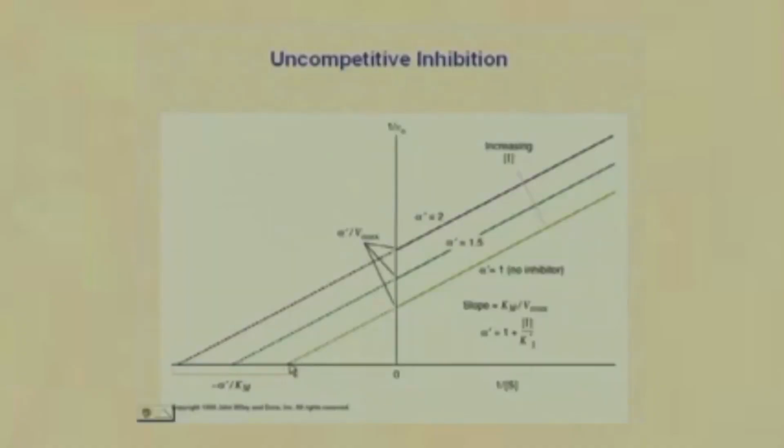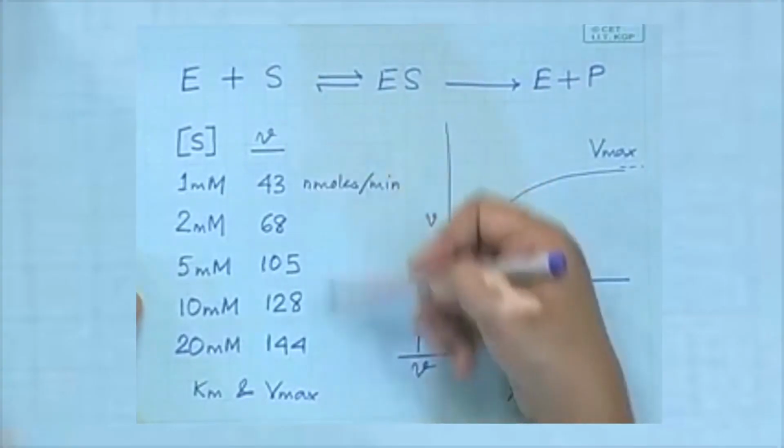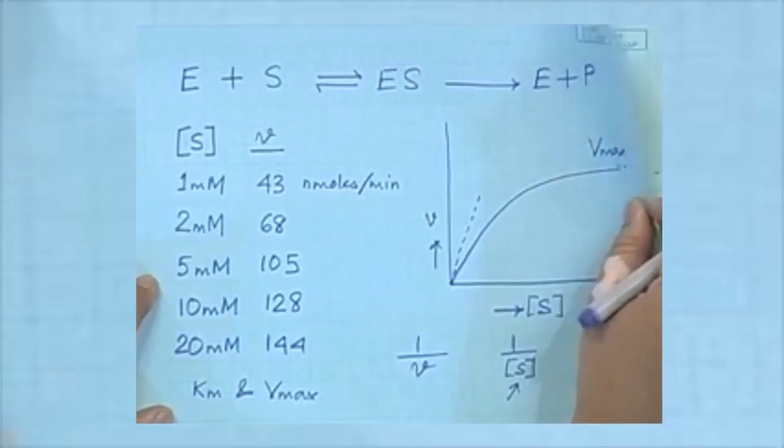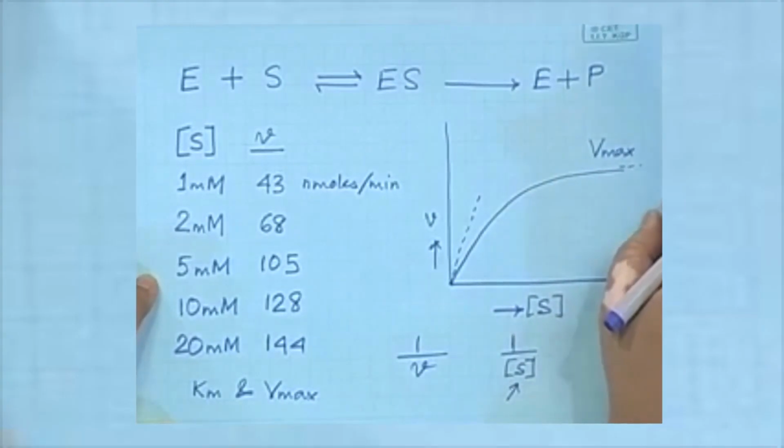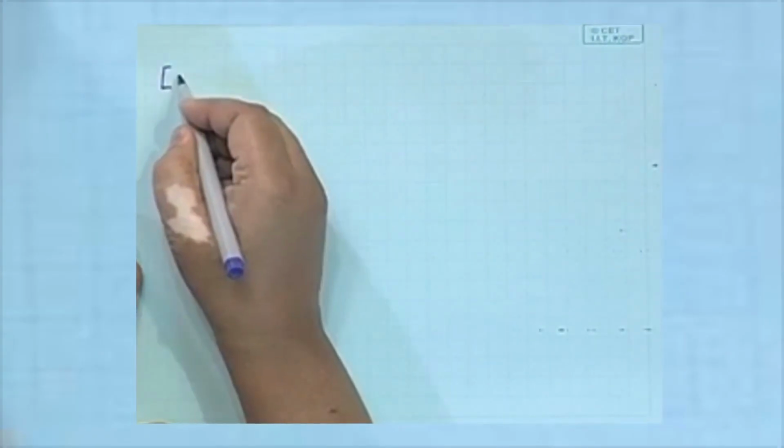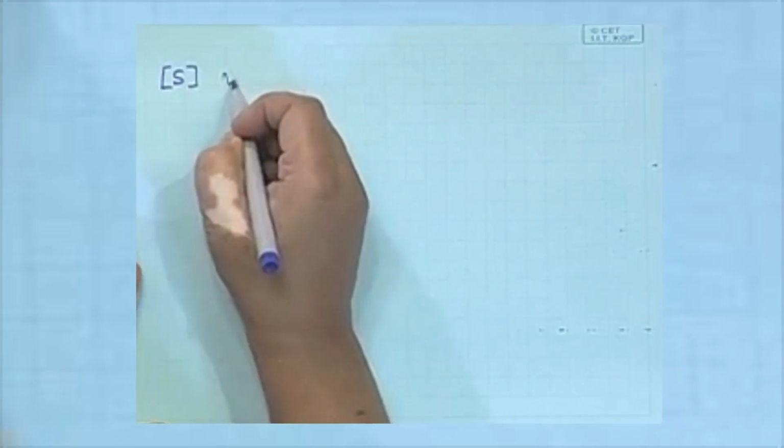Okay. Now, if we go back to the problem that we were doing in the last class, I gave you a set of V0 values and S values. So, we got a series of S values and a series of V values. Now, suppose we introduce an inhibitor here. So, we have S values, we have V values for an uninhibited enzyme.